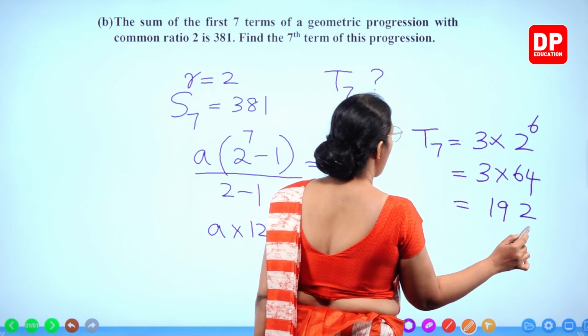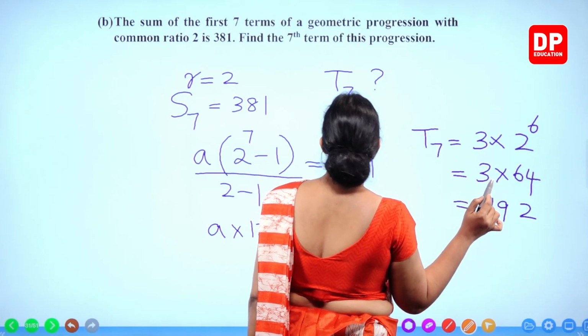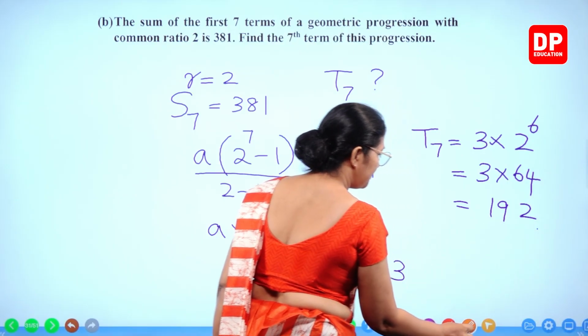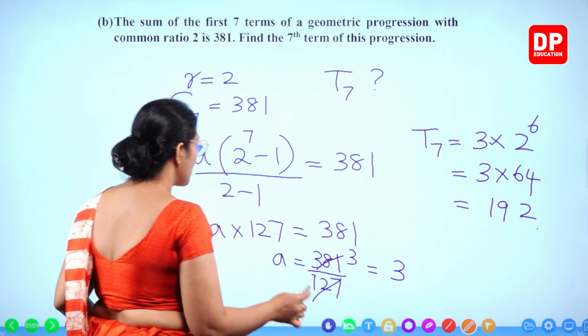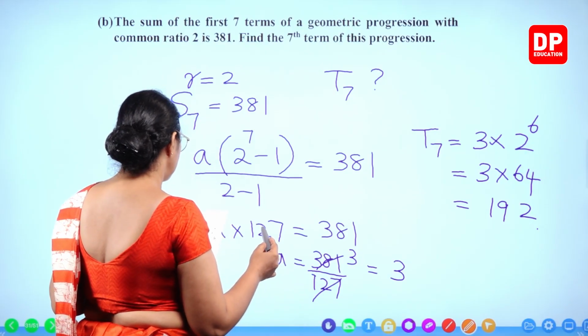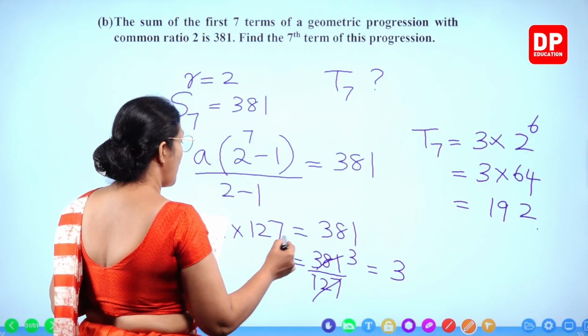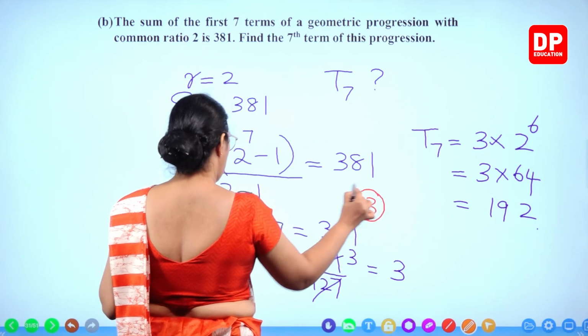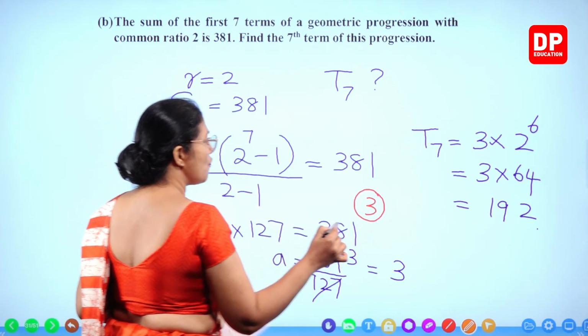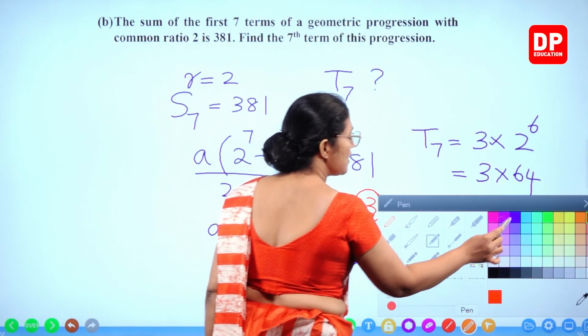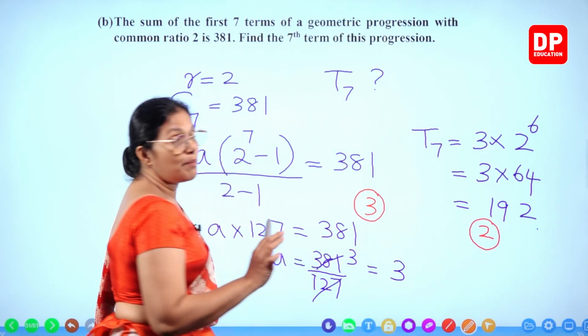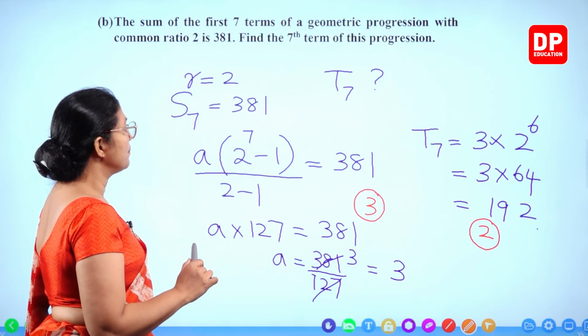So 192 is the 7th term. So you are getting 3 marks for finding the a value and then 2 marks for finding the 7th term. So altogether we have given 10 marks for the whole question.